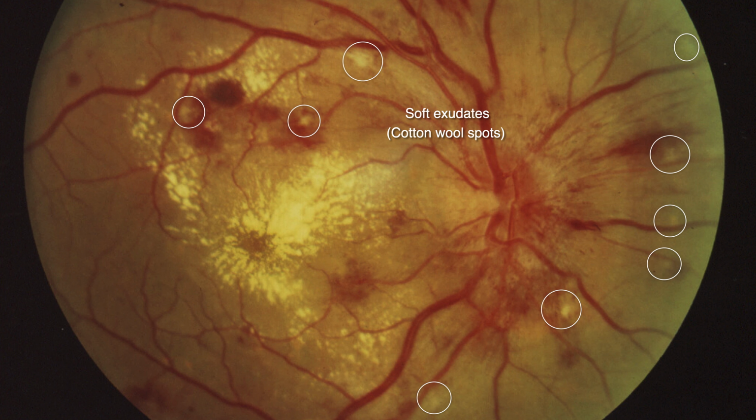The soft exudate or cotton wool spot should not be called exudate, because it is actually an ischemic edema of the retinal nerve fiber layer and not an exudate. It represents an infarction of the retinal nerve fiber layer due to an occlusion of a terminal arteriole due to arterial necrosis.